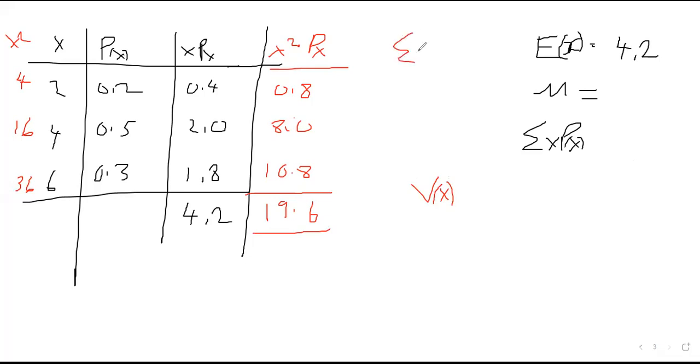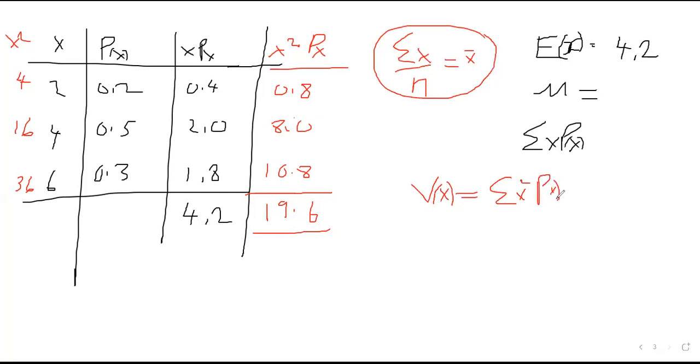The mean formula is for statistics. Here, under probability, this mean does not hold. The variance formula uses the summation of x squared p(x) minus the mean that you just calculated, the summation of x p(x), to the power 2.